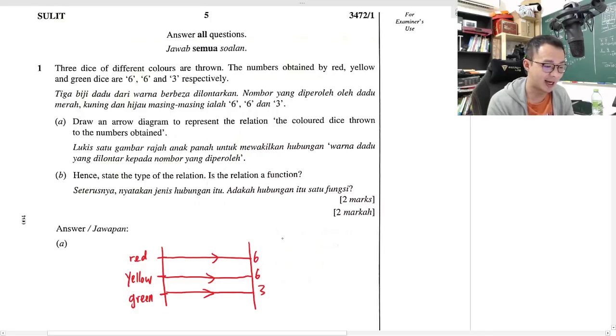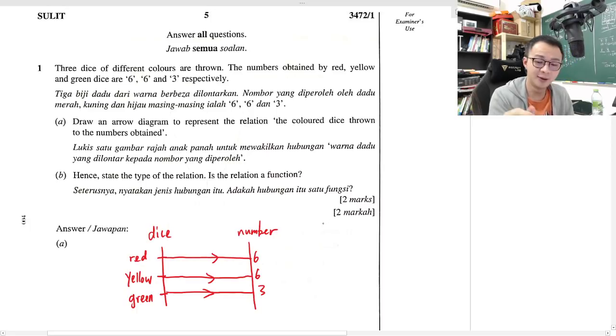Even if you draw circles, I believe they will still give you the mark, because for an arrow diagram, as long as you have the arrows, it should be okay. So here will be the color of the dice, and here will be the number.